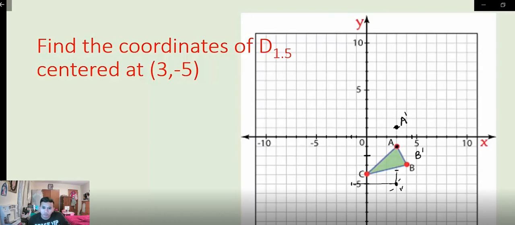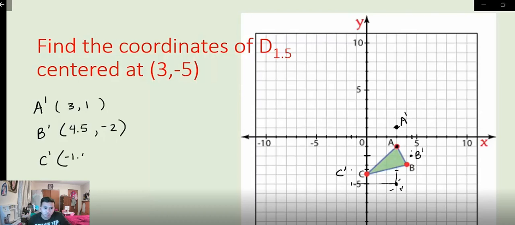There you go. Take a look at where they intersect. That point there will be your C prime. And then you just connect them. So your A prime is 3, 1, and B prime would be 4.5 and negative 2, and C prime would be negative 1.5 and negative 3.5.